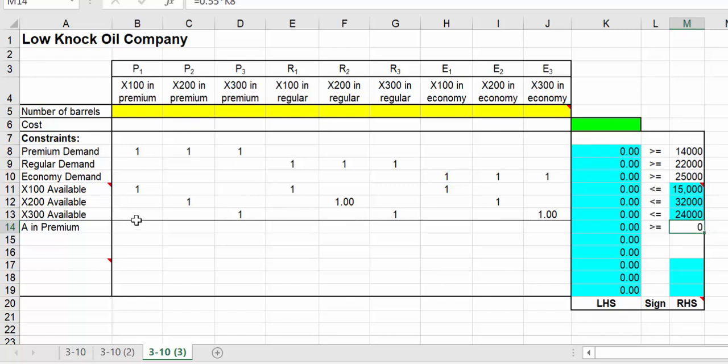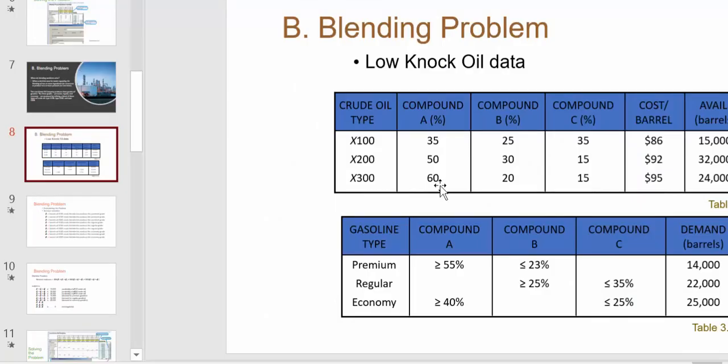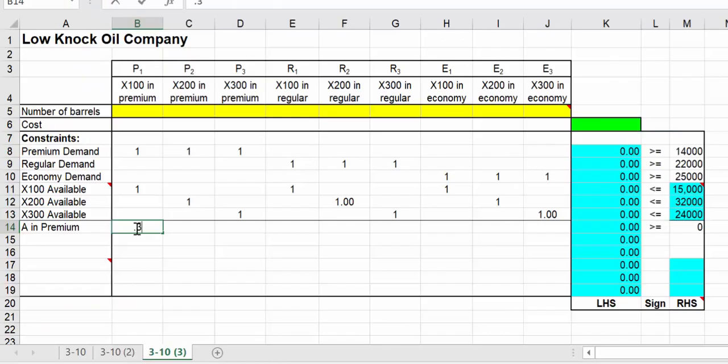So the amount of A in premium, we can get that from here. The amount of A is 35%, 50%, and 60% in X100, 200, and 300. So 35, 50, and 60.